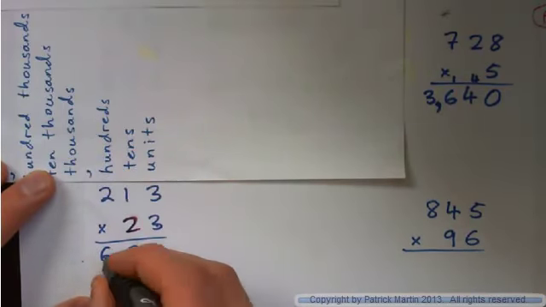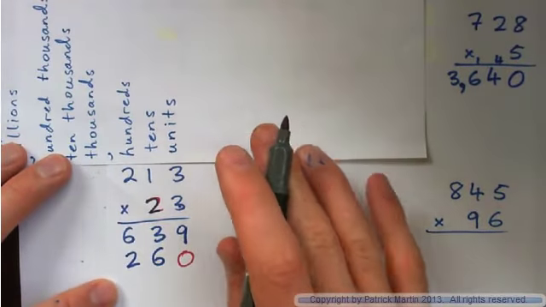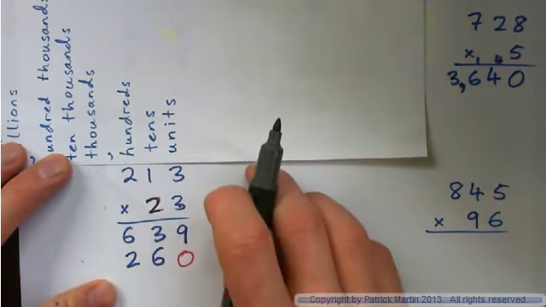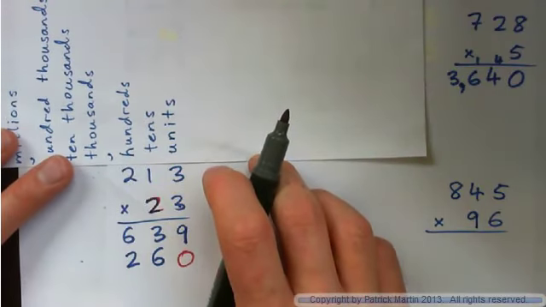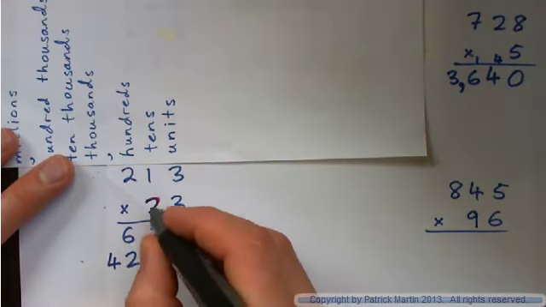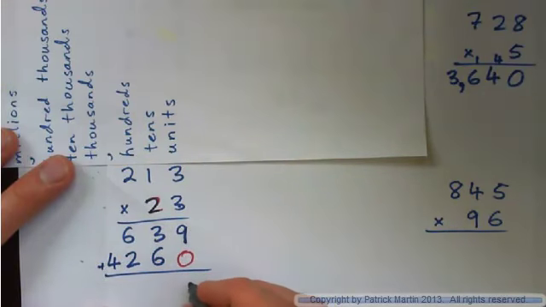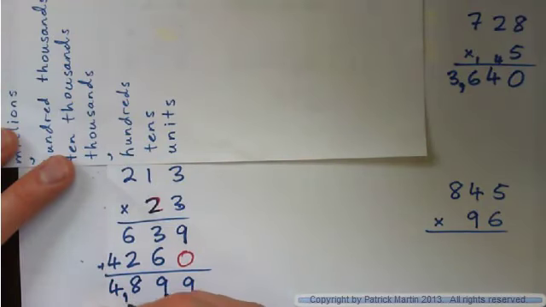That goes in the 100 spot, because this is in fact 20 times 10. Then 20 times 200 is in fact 4,000. So the 2 times 2 is 4, and that goes here in the 1,000 spot. Okay, and then you add like terms, 9 units, 9 tens, 800s, 4,000s, comma, right?